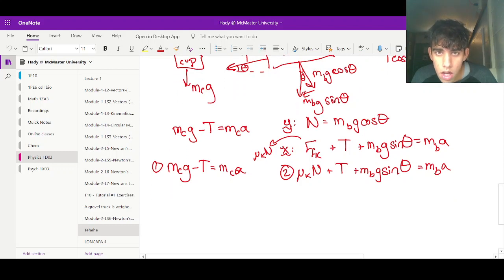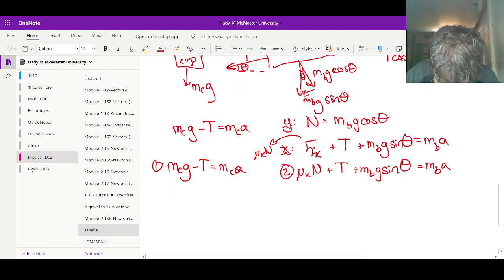Thing is, though, we can also see that it's kind of just math from here. So I'll highlight everything we have. On the left side for equation 1, we have this mass, we have gravity, so we have both of those. We do not have tension, but we have the mass of c, and we don't have acceleration.